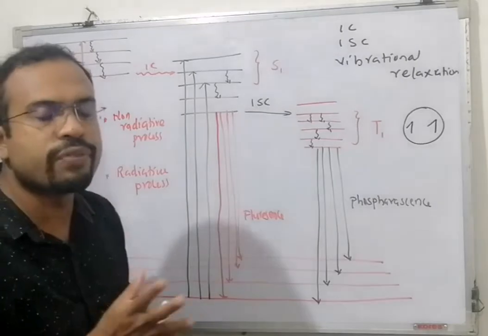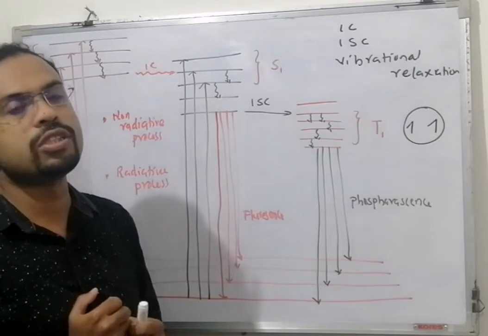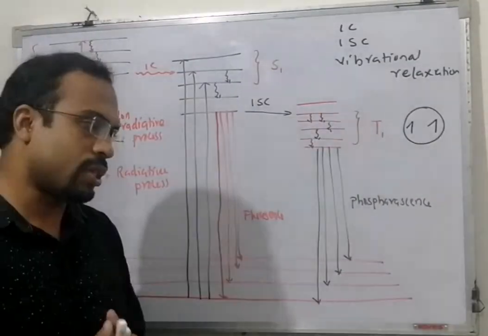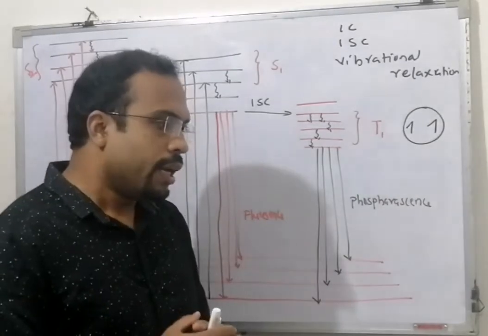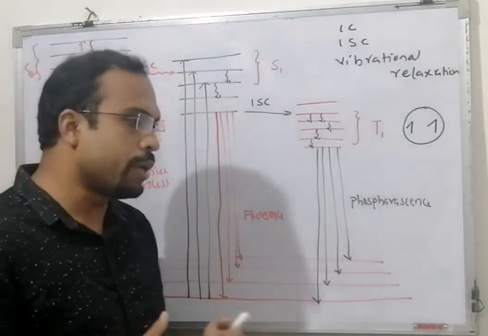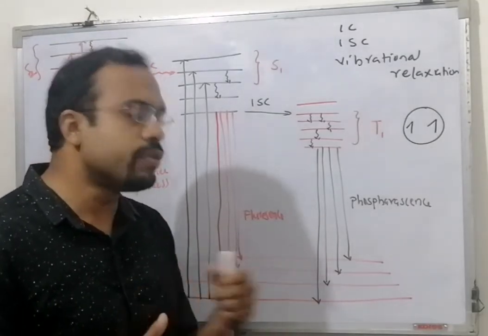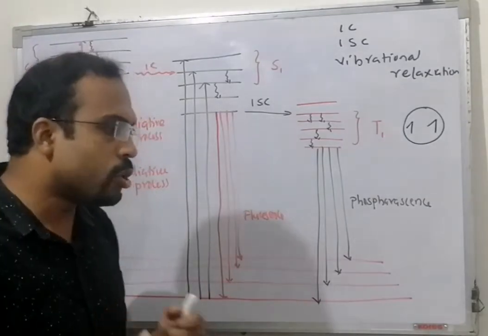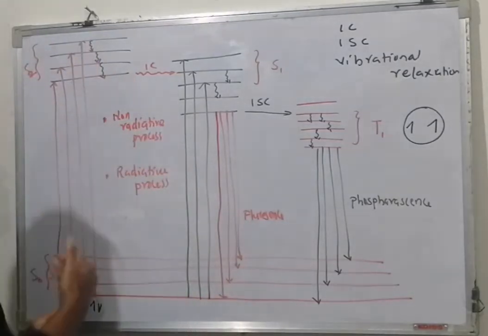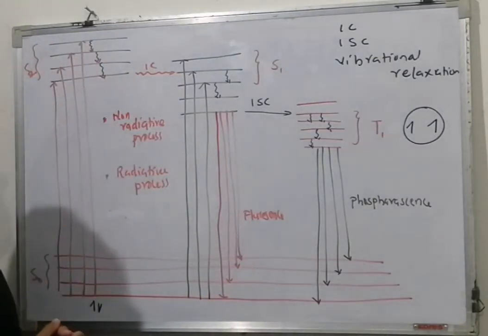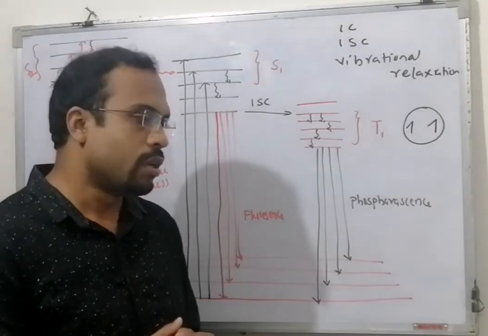That kind of loss of energy because of collision, coming down to a lower vibrational level, is called vibrational relaxation. What is vibrational relaxation? If an excited molecule in a higher vibrational level of an excited electronic level collides with other molecules, loses energy in the form of heat, and goes to a lower vibrational level within that electronic level, that is called vibrational relaxation.